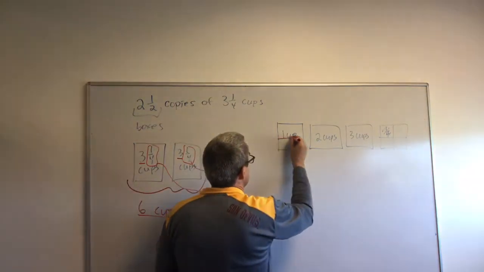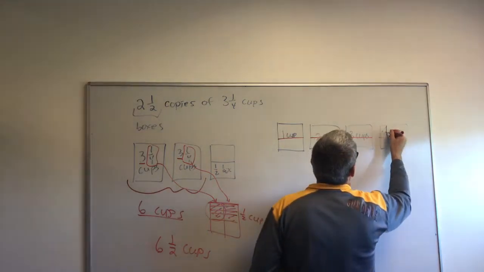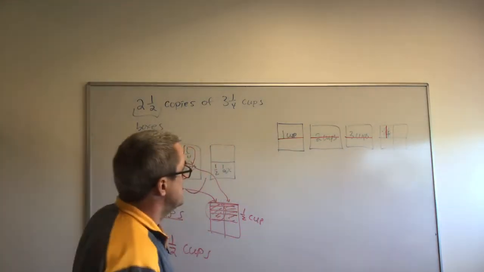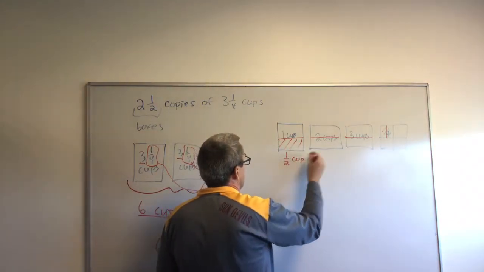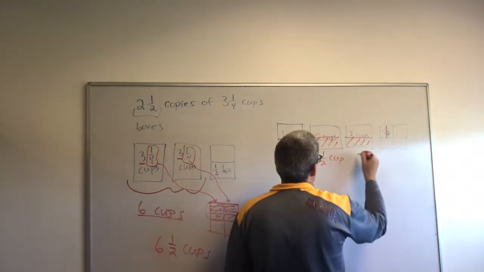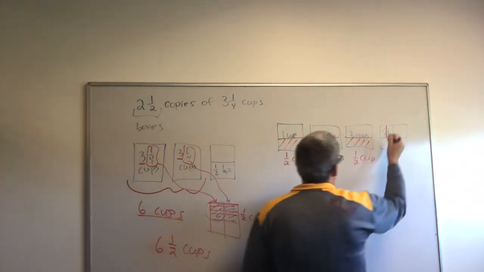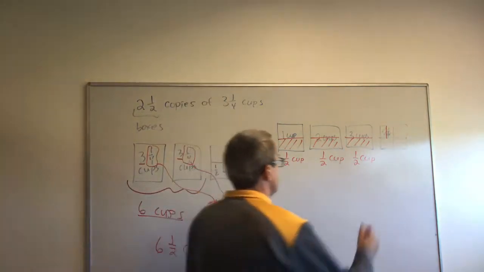So I'm going to just take half, take half, take half, and take half. So what I actually ate was 1/2 of a cup, 1/2 of a cup, 1/2 of a cup, and what is that last piece over there? Let's take a look.